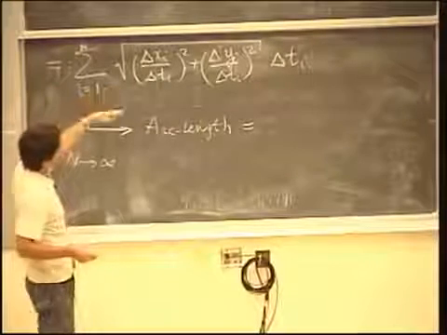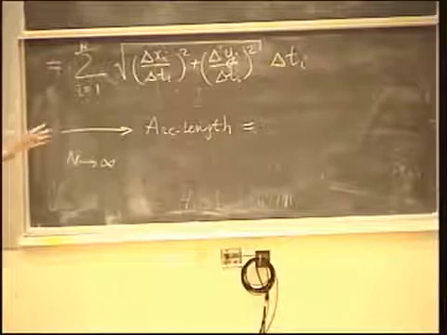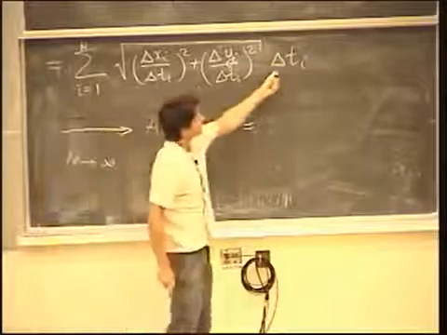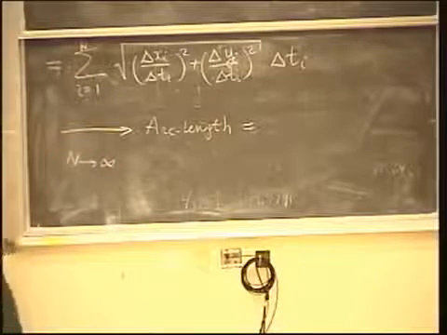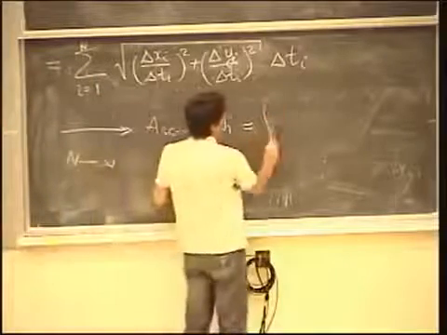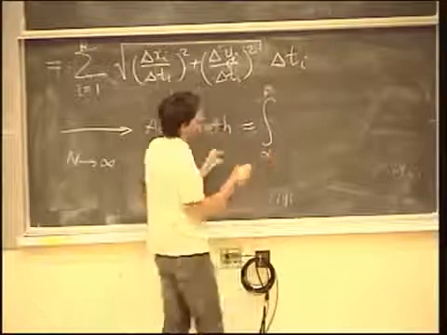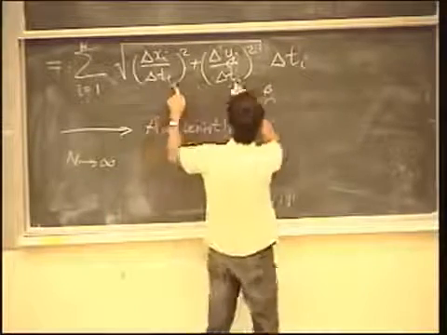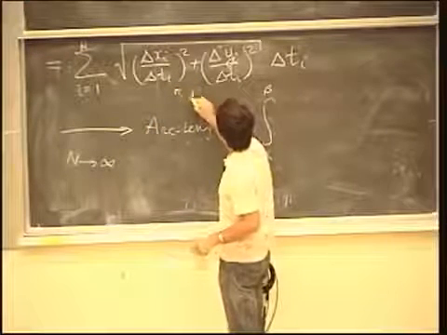And so if you remember how the integral in one variable is defined, this is really going to be an integral in one variable because it's just a summation in one variable. So this is going to be precisely what we call the integral from t equals alpha to t equals beta, which are the endpoints, of this expression in which you substitute, instead of delta x over delta t, dx dt.